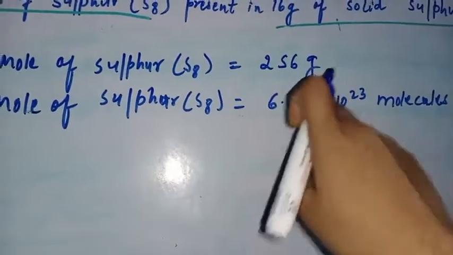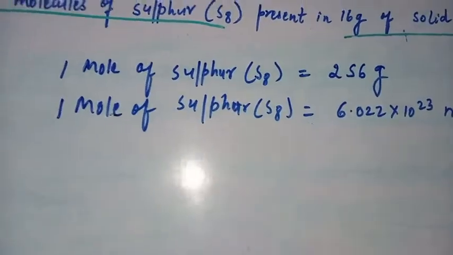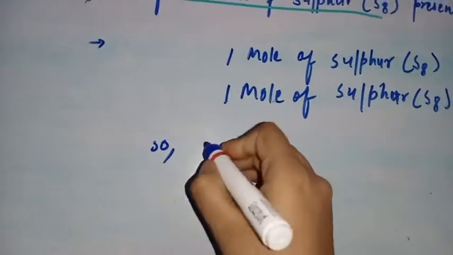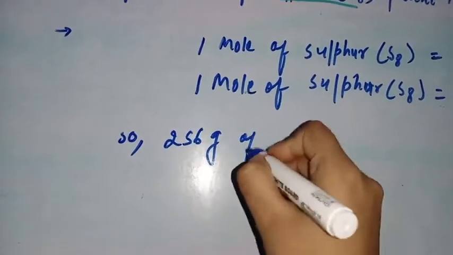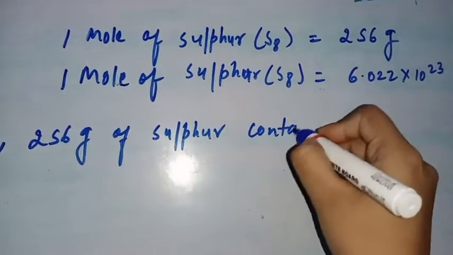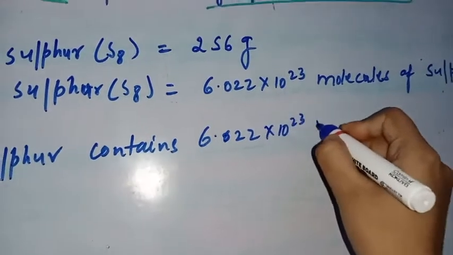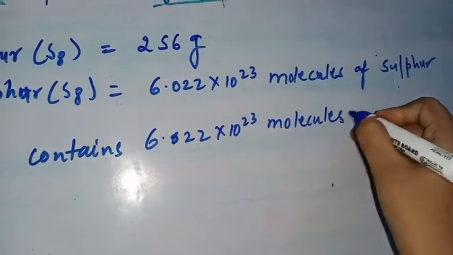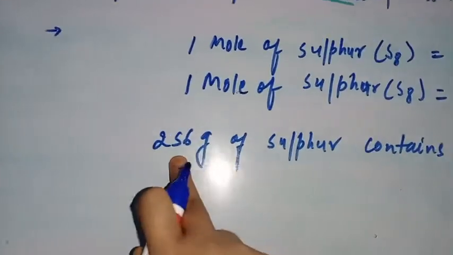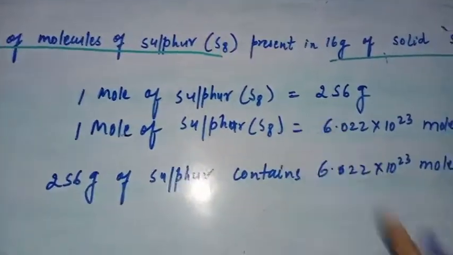So 256 gram is equal to 6.022 into 10 to the power 23 molecules, because on the right hand side you have the same thing. So 256 gram of sulfur contains 6.022 into 10 to the power 23 molecules of sulfur. We have got this from these two equations.